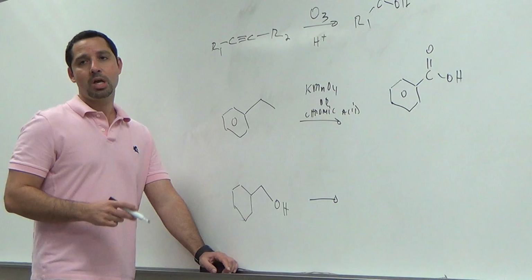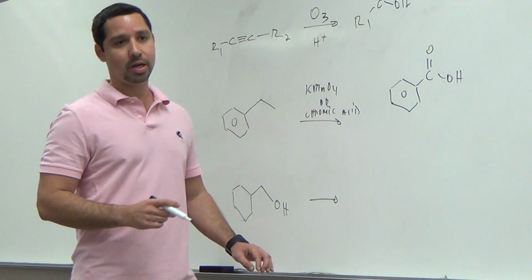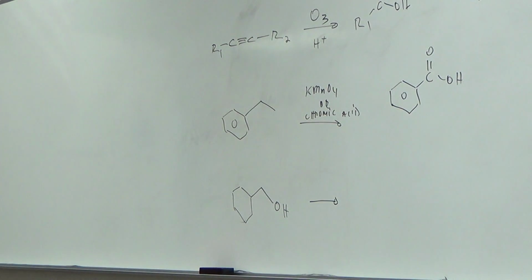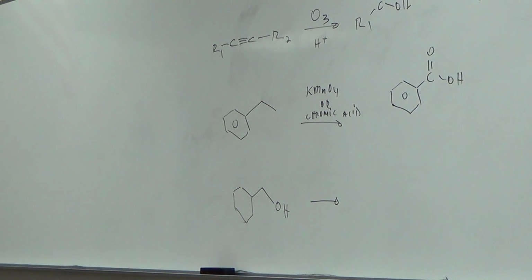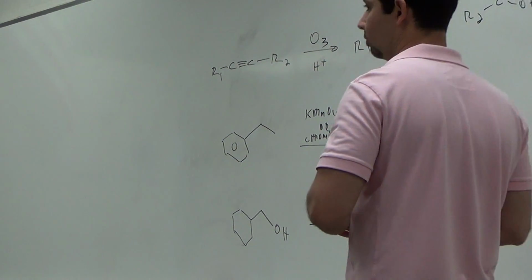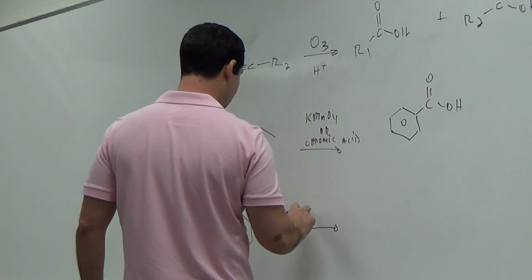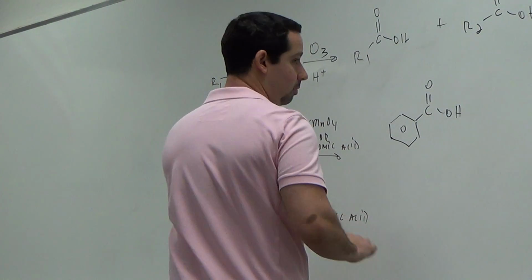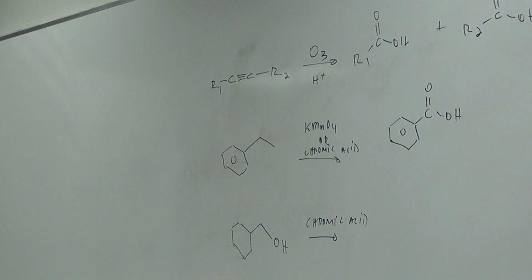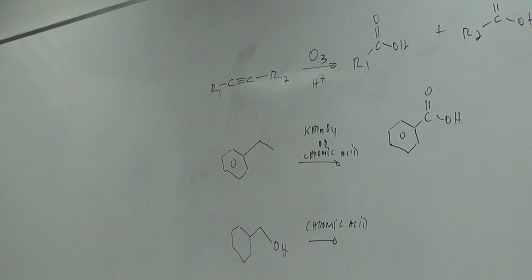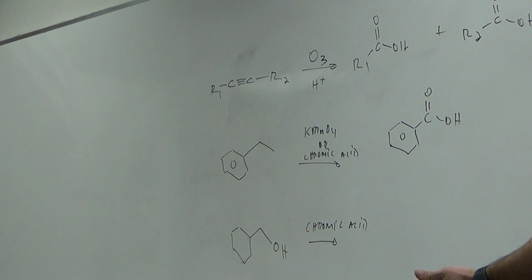Chromic acid. I can use chromic acid. Same thing as the one on the top, okay? Chromic acid, same as the top. That makes me a ketone. Can we get one from Grignard?